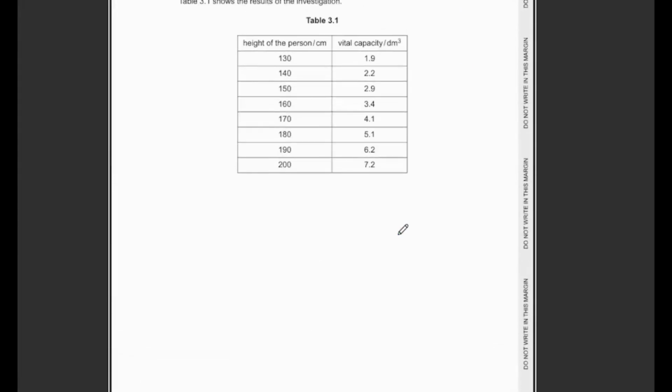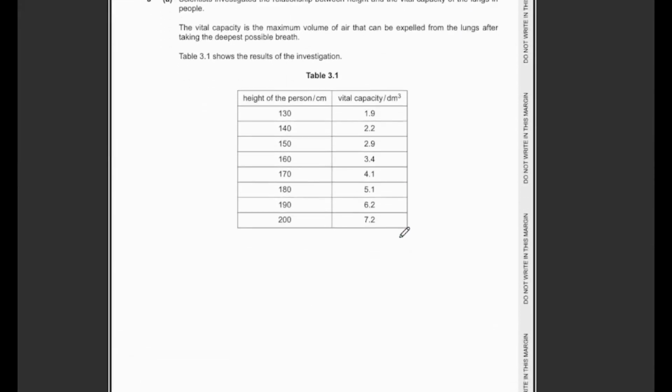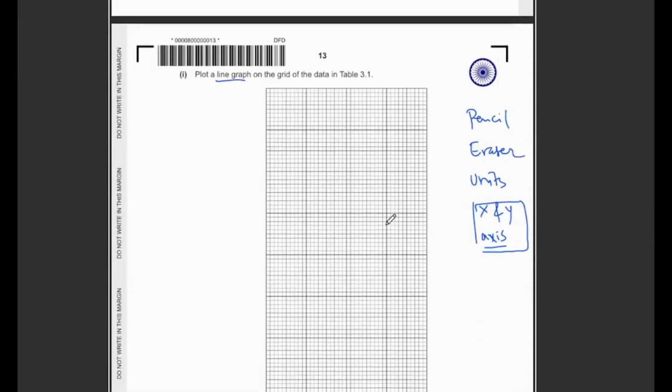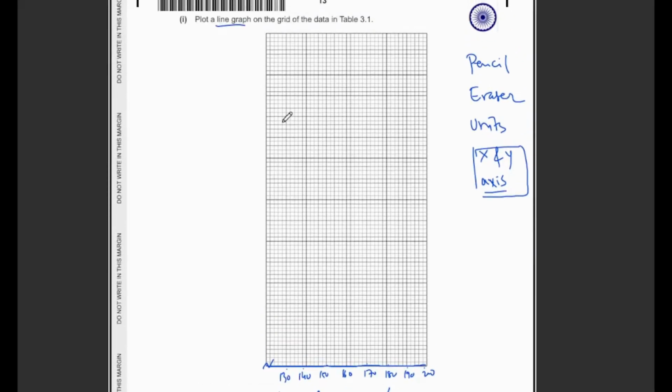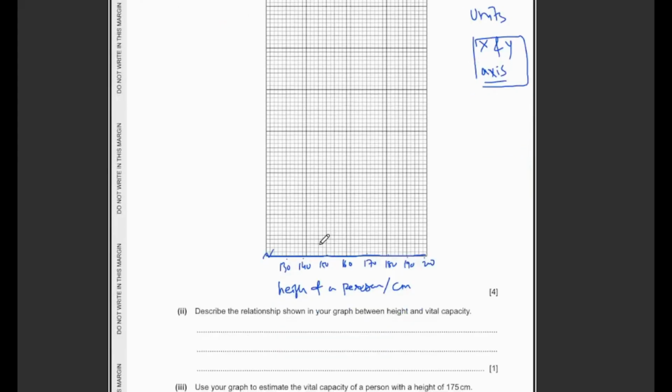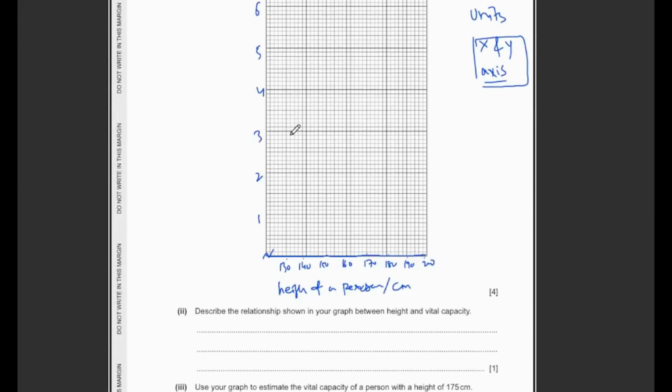On the y-axis we have what? We have vital capacity in dm cube, and that is 1.9 and reaches to 7. Okay, 1.9 and reaches to 7. 1 2 3 4 5 6 and 7. So we can use this. 1, 2 3 4 5, 6 and this is 7. So you can use it in this way.